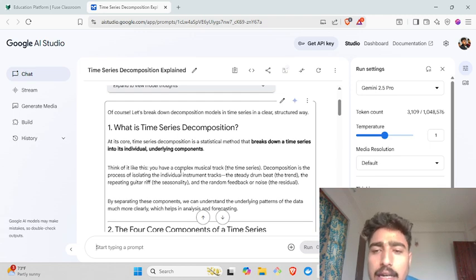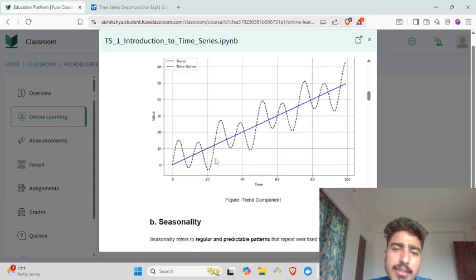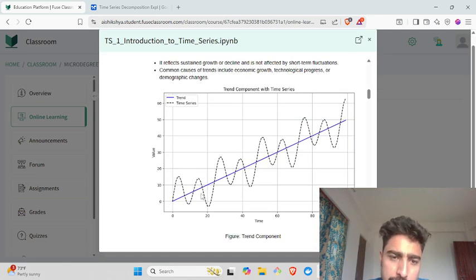I can show you the graph here. Long-term movement means you can see here at time t0 it has gone up, then down and up, and down and up, and it is quite increasing, reaching time t100.